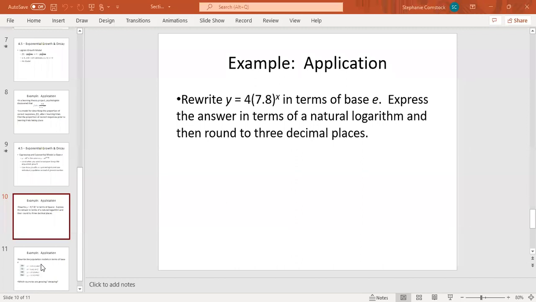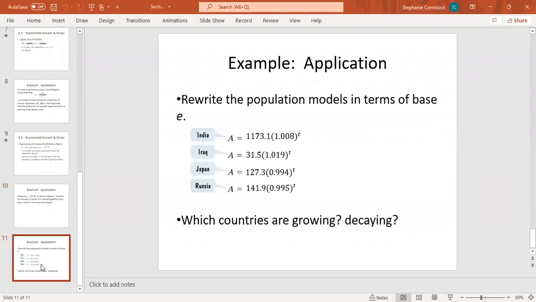Here we have populations for India, Iraq, Japan, and Russia, and we have each one written in their a, b to the x format. I'm just getting these transferred for us. Notice each one has a different starting amount, but I don't really know how something is growing comparatively to itself with the way that these are set up.